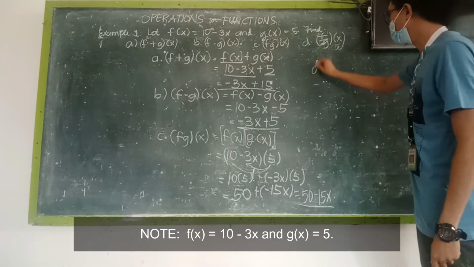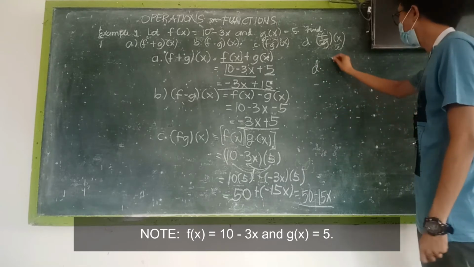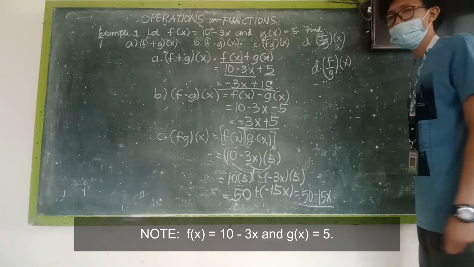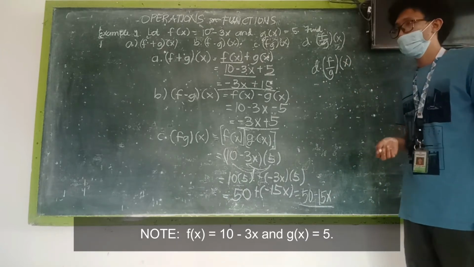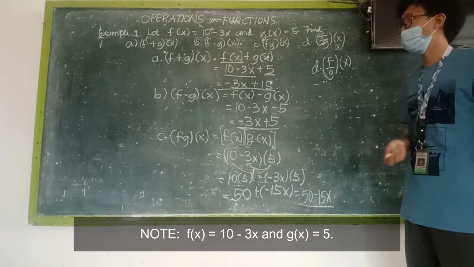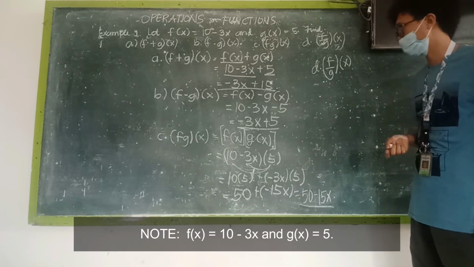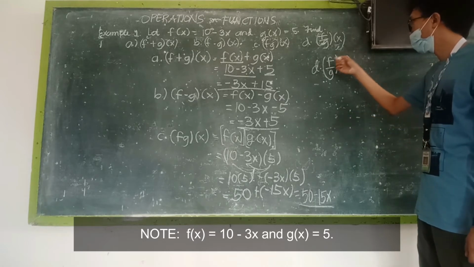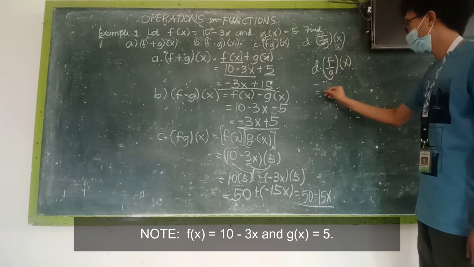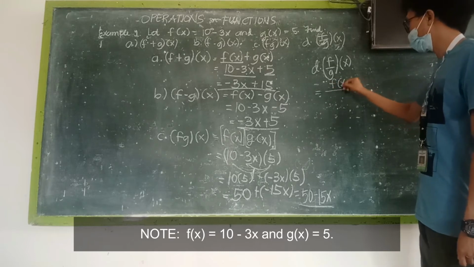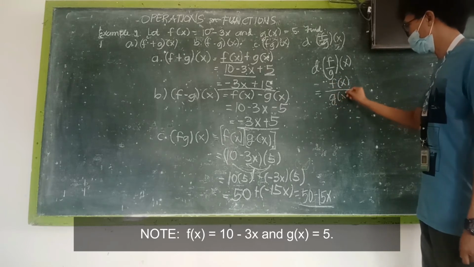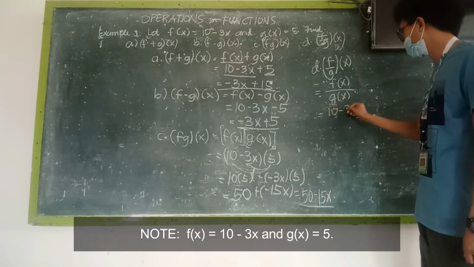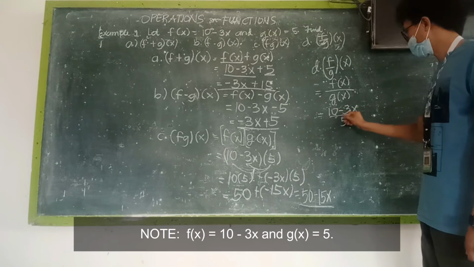How about letter D? Ang letter D natin is f over g of x. This is division operations of functions. So, ang gawin natin dito, i-divide natin ang f sa g. So, we have f of x divided by g of x, and that is 10 minus 3x all over 5.